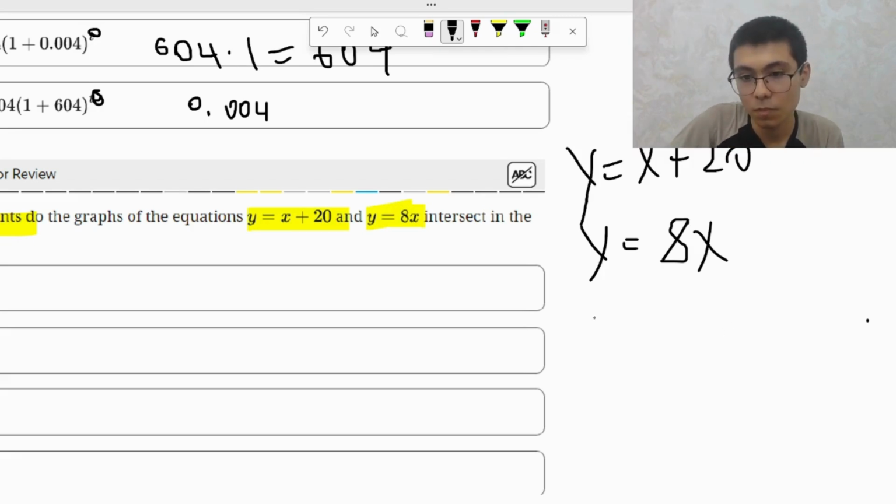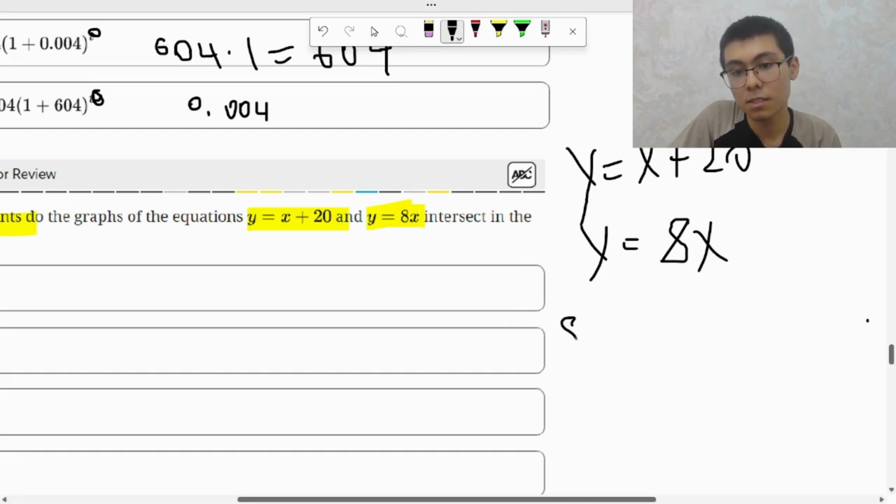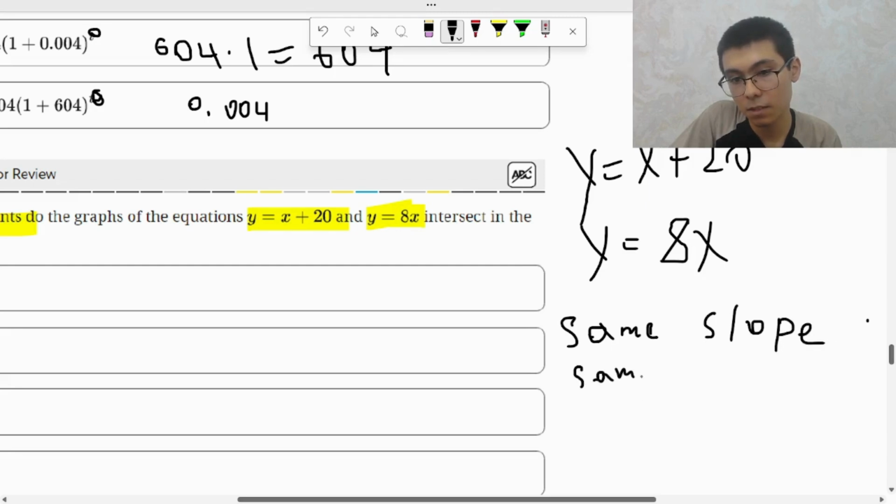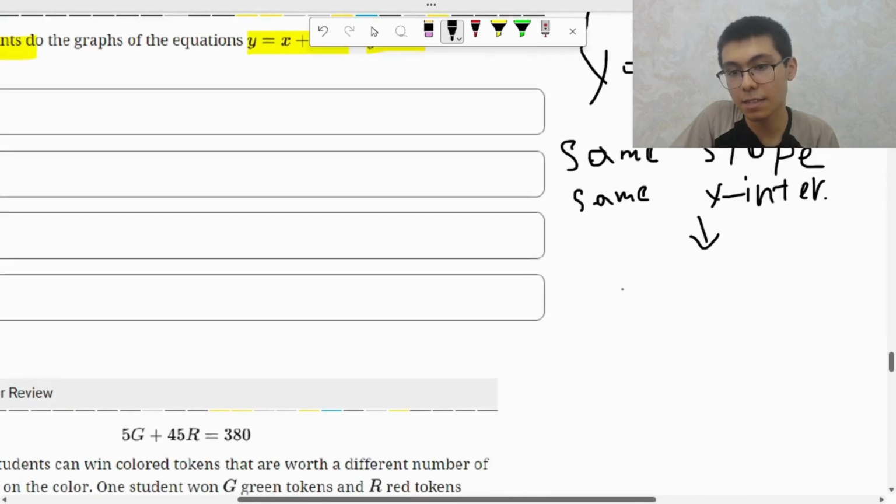If you have the same slope and the same y-intercept, then that means that there are infinitely many solutions.